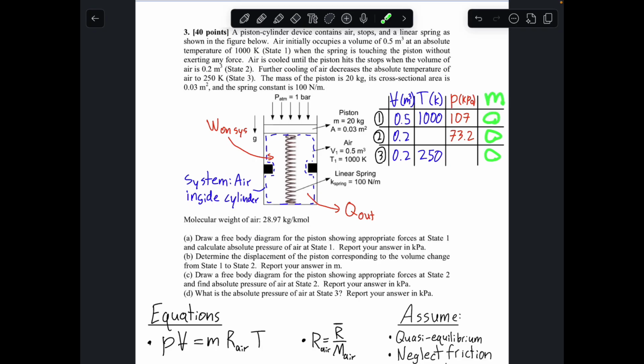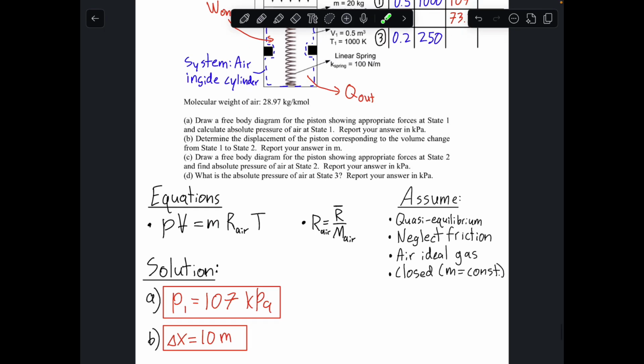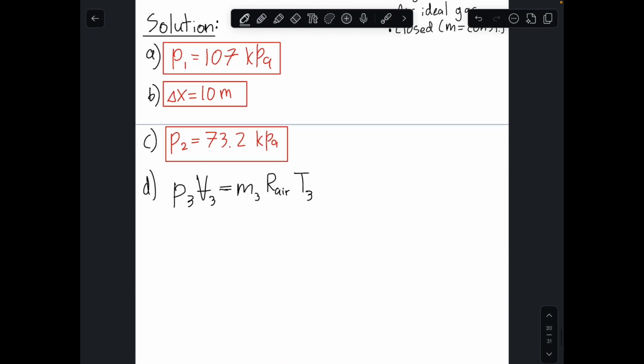And if we look at our table, we have the values for volume, temperature, and pressure all at state 1. We found all of those values, and if we look at the ideal gas law, that means that we can solve for the mass at state 1 because we have everything else in the equation. So if we solve for the mass at state 1, then that's going to be equal to the mass at state 3, and then we'll have everything we need to solve for the pressure at state 3. So let's go ahead and do that.